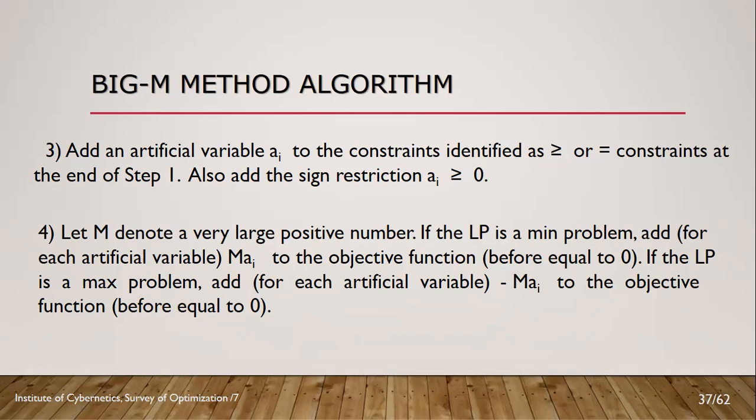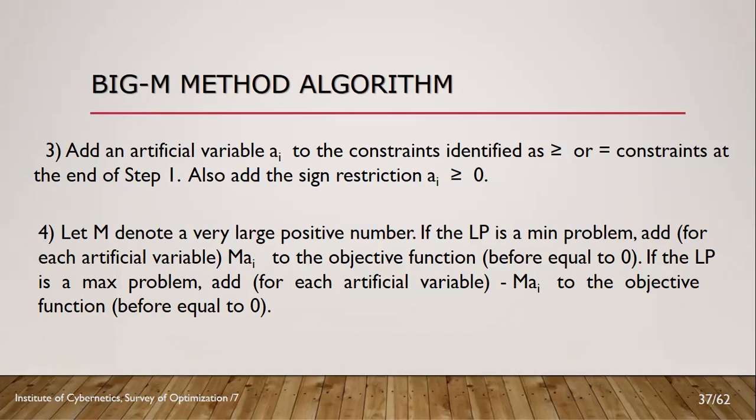Then step 4, this is what makes the big M method different from the other one. Let M, capital M, denote a very large positive number. If the LP is a minimization problem, we add M times a sub i to the objective function, which was before equal to 0.